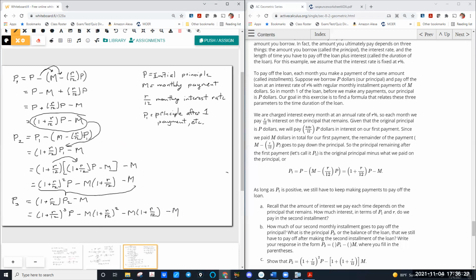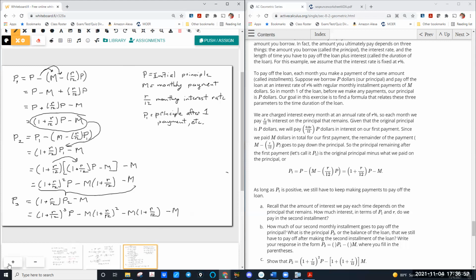Notice the only difference is squared compared to the first. We could think of this as 1 plus R over 12 to the 0. This part here with the M's is actually a geometric series. Let's take that out of there because I don't want it to look confusing later. So we have a geometric series here, and then we have an exponential piece here.